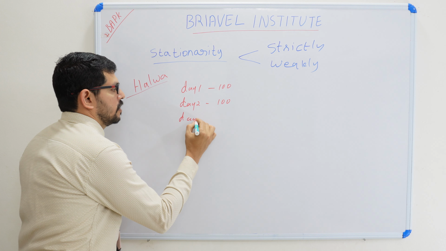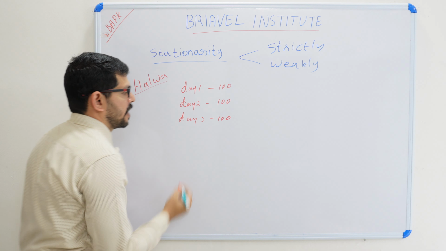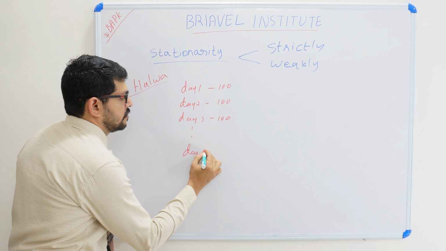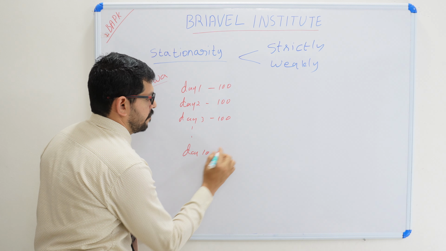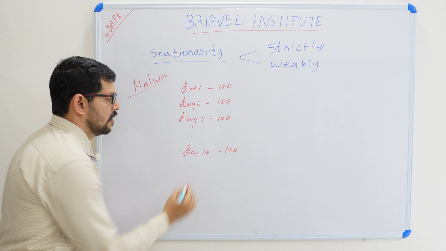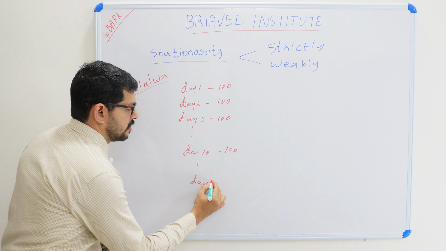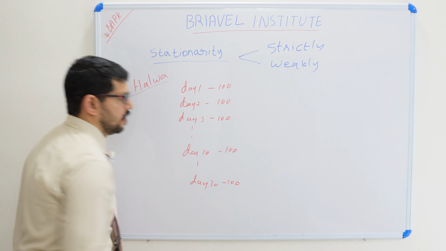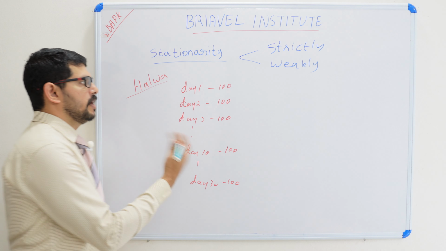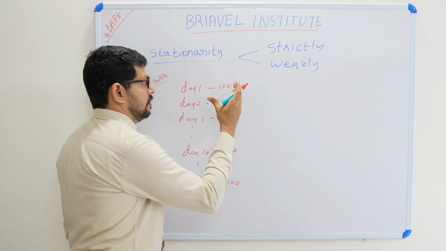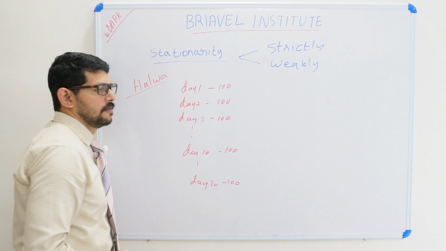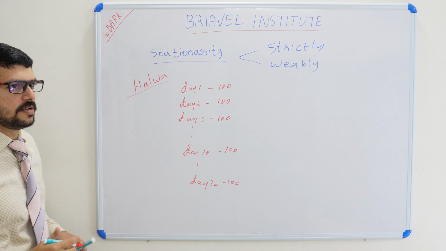Every day he sold 100 packets. Day 10 also 100 packets, day 30 also 100 packets. There is a huge demand for this halwa, but he is selling only 100 packets.